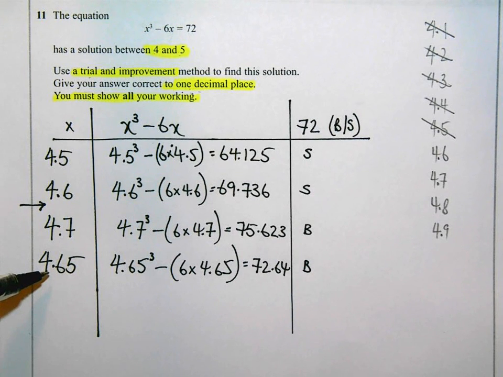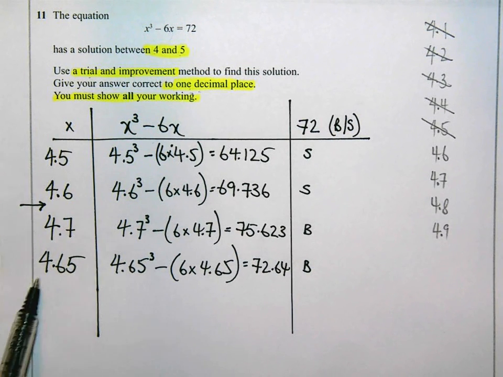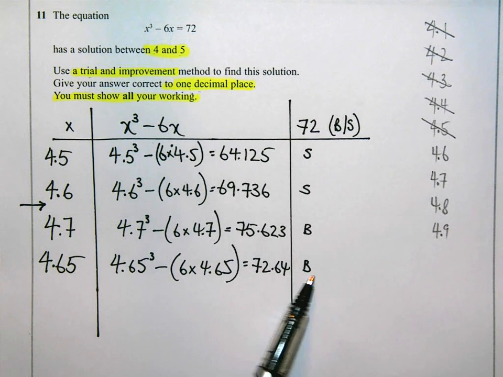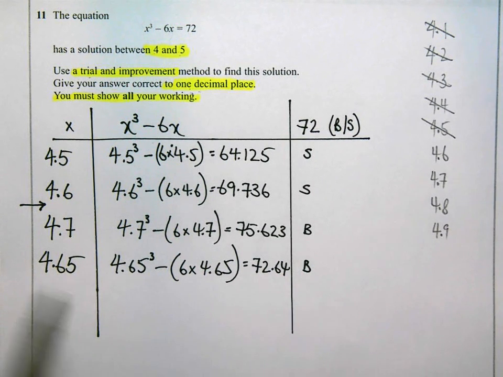So that means that 4.65 gets me 72.64, and that's just a little too big. However, that means that the value of x that I choose needs to be smaller than 4.65. 4.65 is halfway between these two, 4.6 and 4.7.